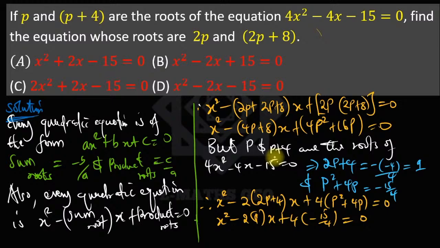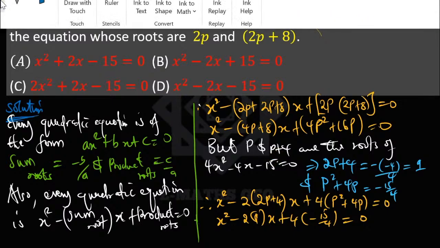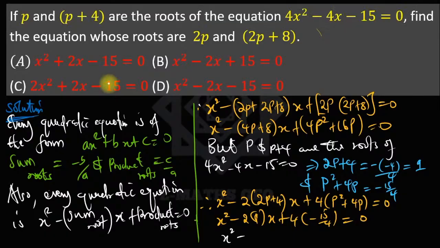Therefore, the equation we are looking for is x squared minus 2 times 1, so that's 2x, minus 15 equal to 0. So that should be option B. So that's it.